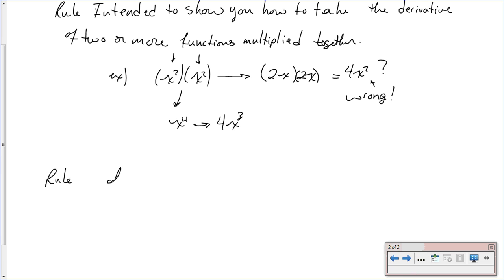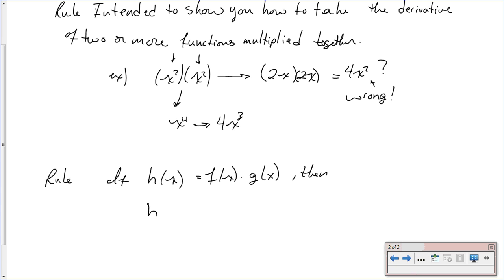So say h of x, I know y'all probably hate when I do this, equals f of x times g of x. That's kind of sloppy, let me fix that up. f of x times g of x.